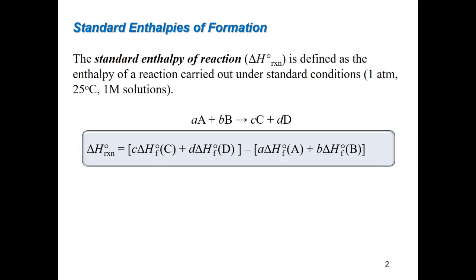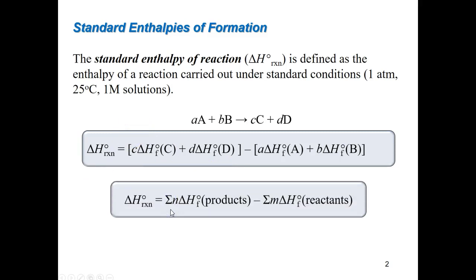So a moles tells us to multiply the heat of formation of A times the stoichiometric coefficient for A, plus b moles times delta H0 of formation for compound B.